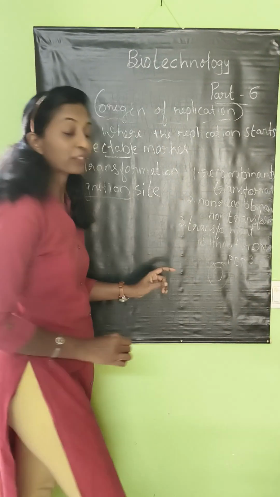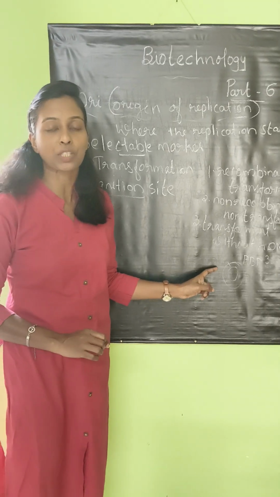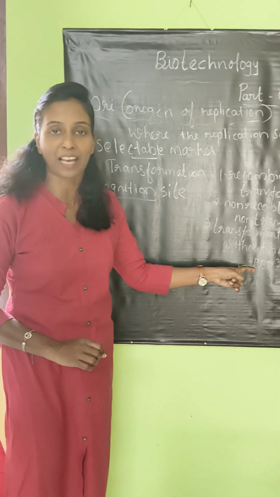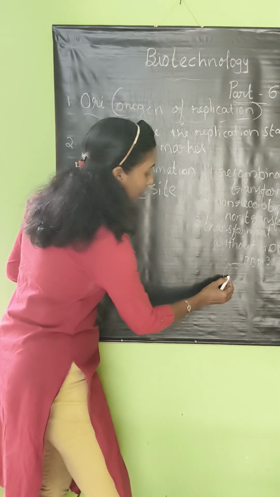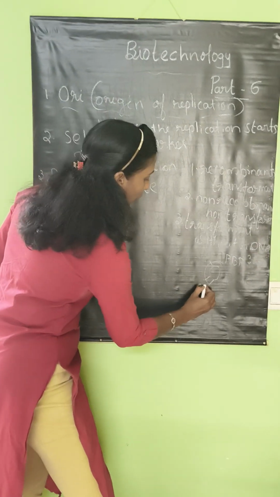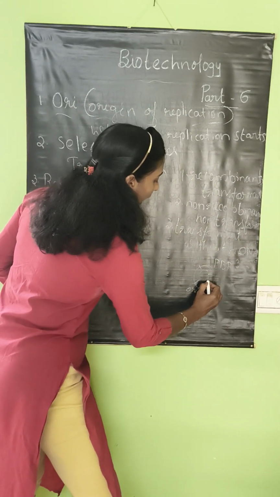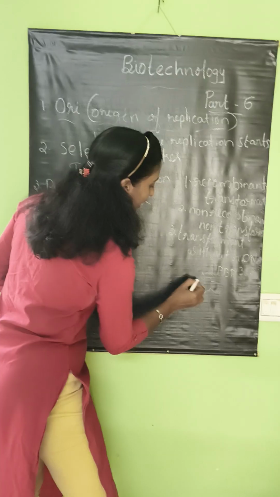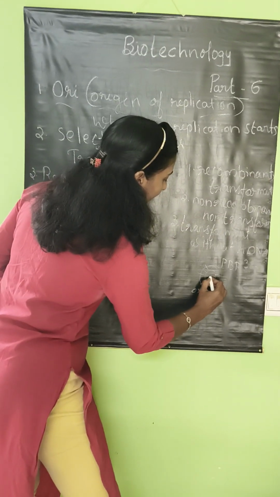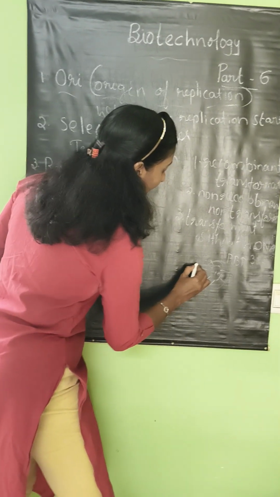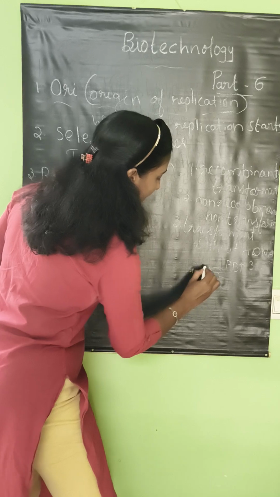On one side you can see the ORI, and there are two antibiotic resistance genes, tetracycline and ampicillin.